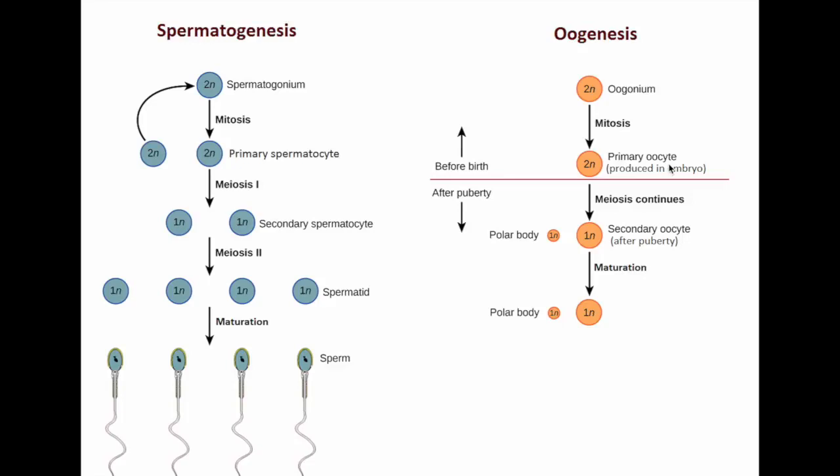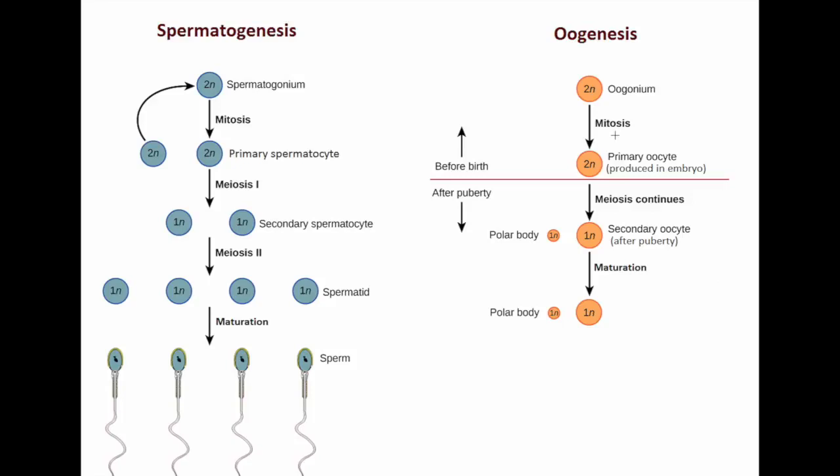Nothing is going to be left for after birth. Every oogonium is converted through mitosis into the primary oocyte, and the primary oocyte waits until after birth and after puberty. It is that primary oocyte, not the oogonium, that is going to convert into the matured cell.